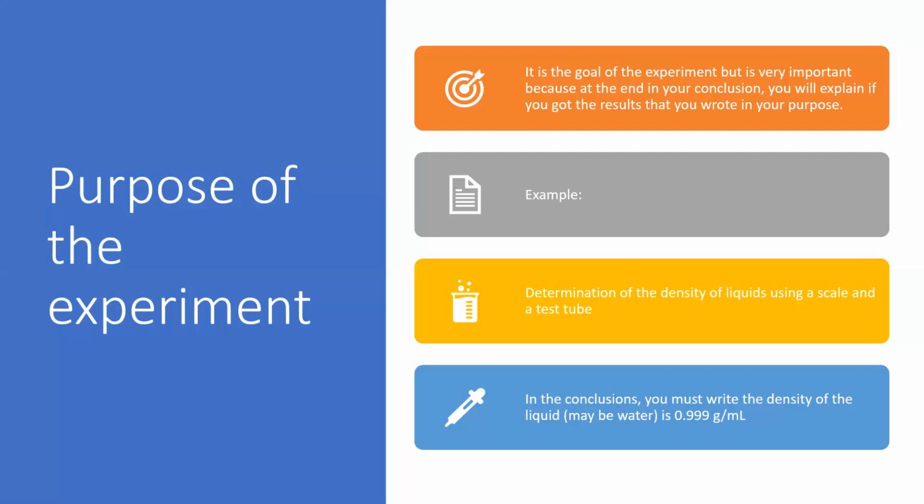In the conclusion, you must write the density of the liquid, maybe water, is 0.999 grams per milliliter. So this way, as you can see, the purpose and the conclusions are in a very close relationship.